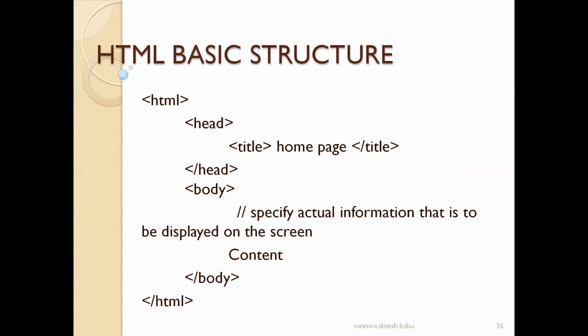So what we want to display on the screen, if we want to display some text on the screen, the procedure will be represented in this body tag. If we want to display an image on the screen, the procedure to display an image will be specified in this body tag. So it is the actual information which we want to display on the screen.